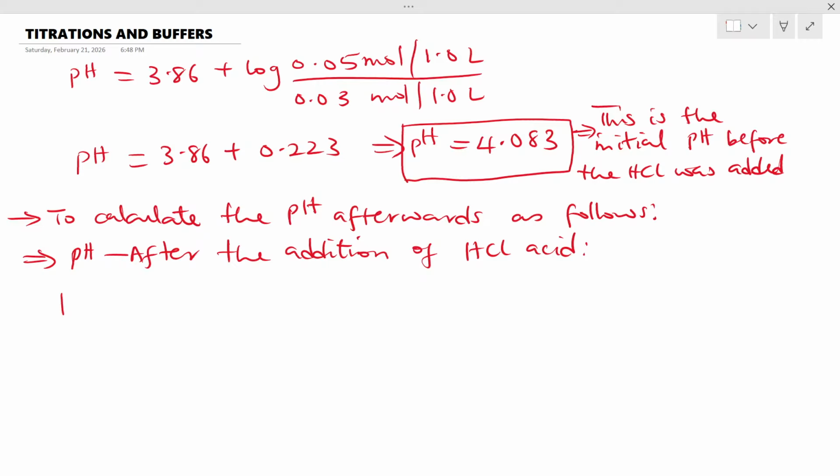The reaction would be H plus plus your lactate, and that will give you your acid.